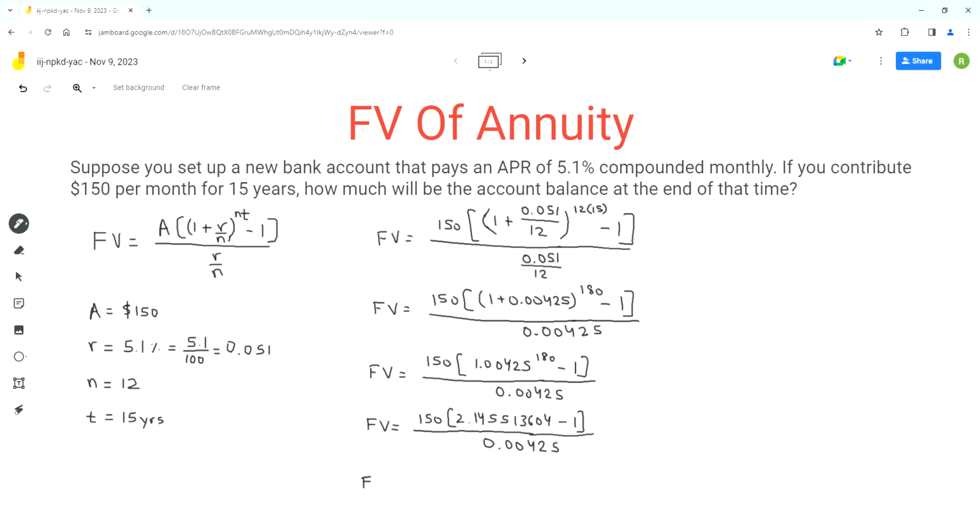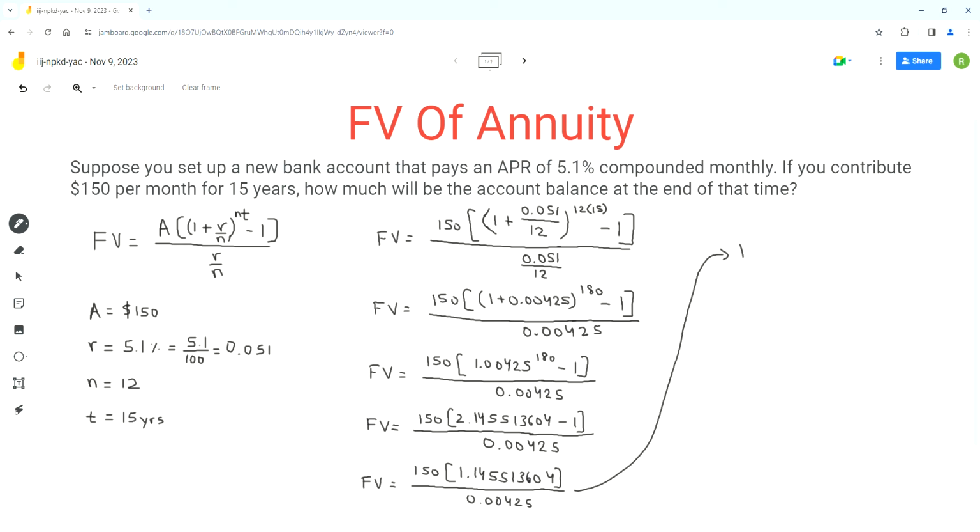Now in the next step, we can subtract the terms in the brackets in the numerator. So I got 1.145513604 over 0.00425.